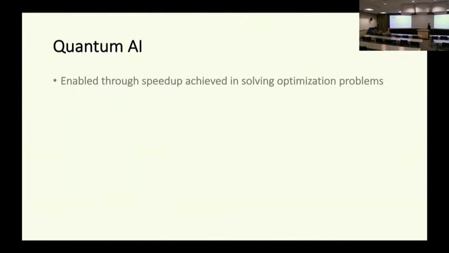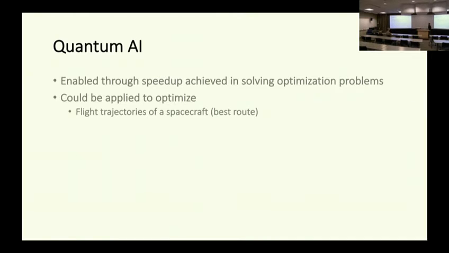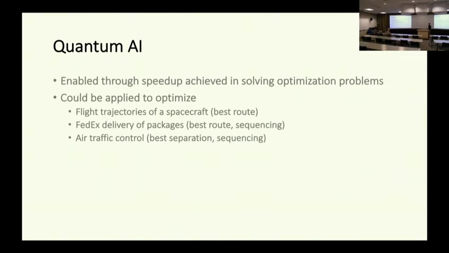Quantum AI just simply means using the optimization aspect of quantum computing to do all things that require quantum optimization, such as flight trajectories, FedEx delivery of packages, air traffic control, candidate molecules.